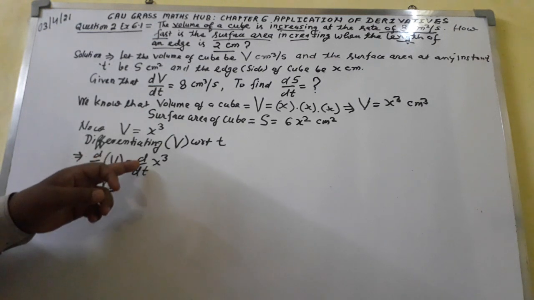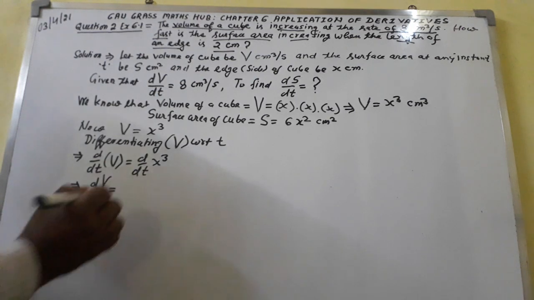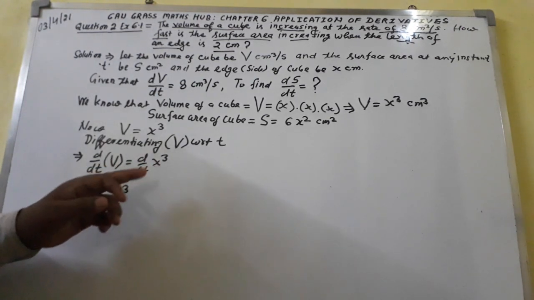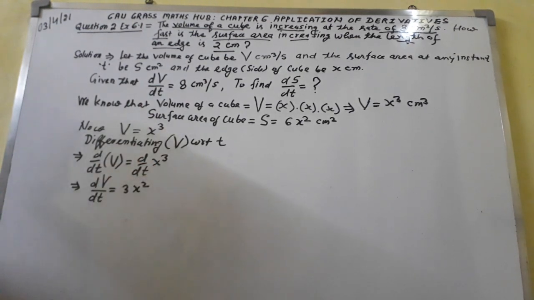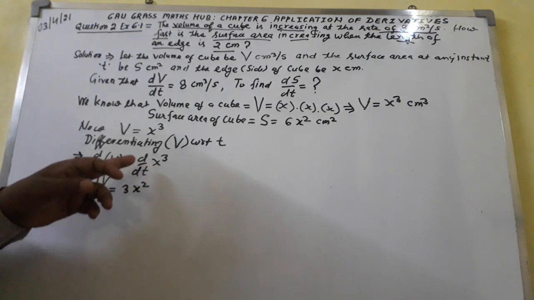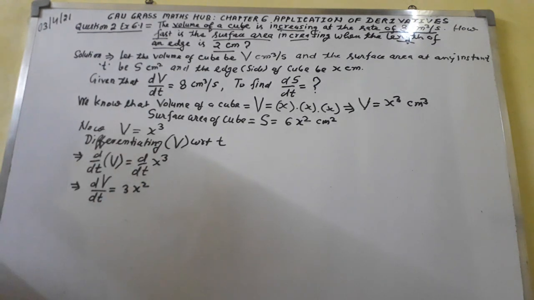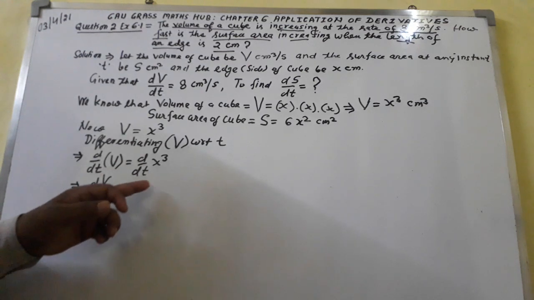You will get d over dt of t cube comes out to be 3t square.